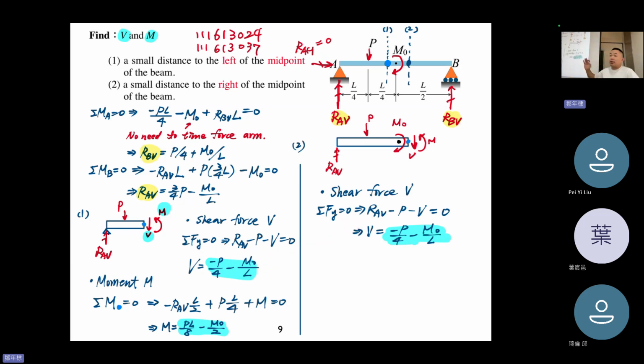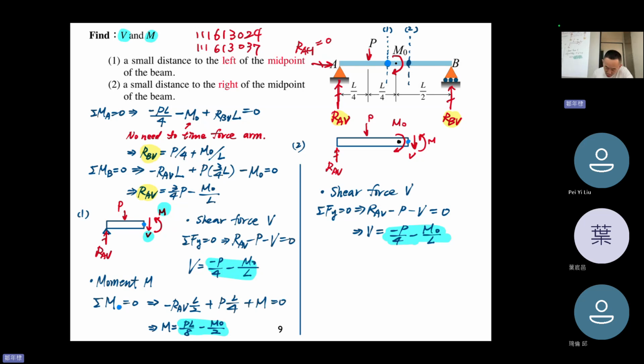Which means that if you apply an external moment M naught, whatever it is, it won't change the value of the shear. See, it doesn't change at all.